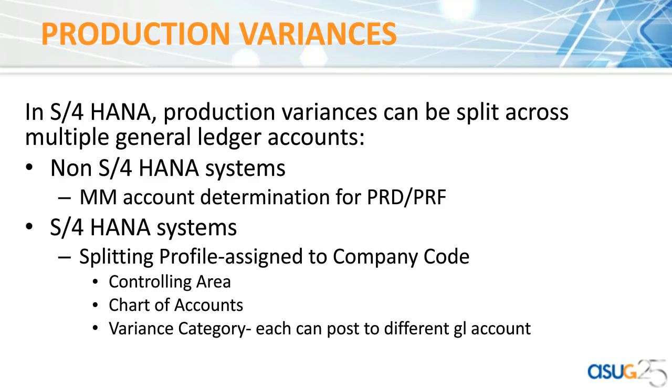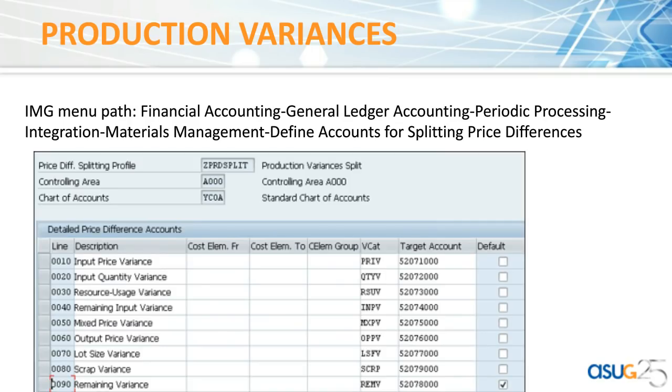Here's an example of what it looks like in config. So once more, it's sort of buried in the financial accounting config menu path in a really interesting place, not where one would normally think we would find this. So I've given you the menu path here.